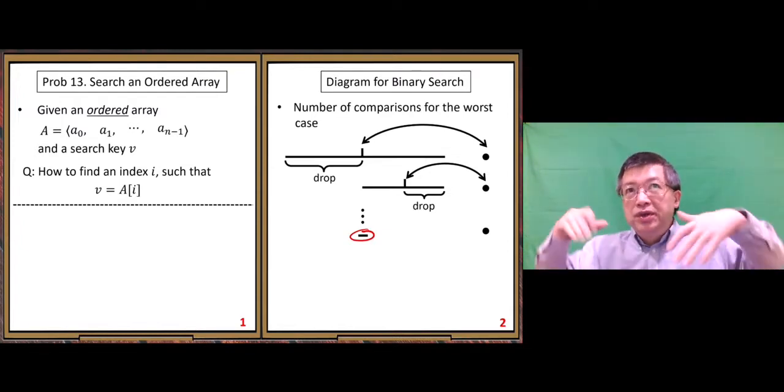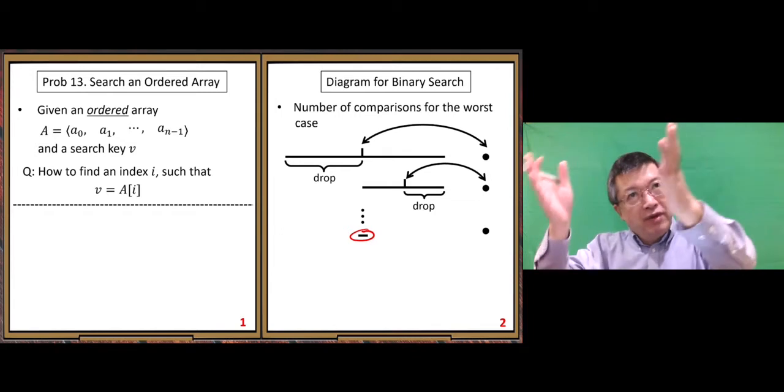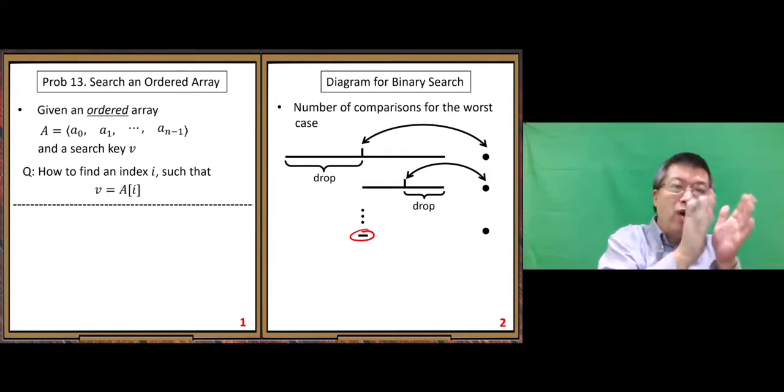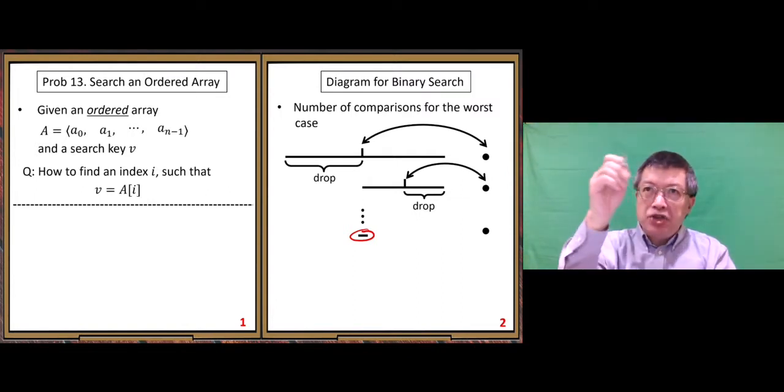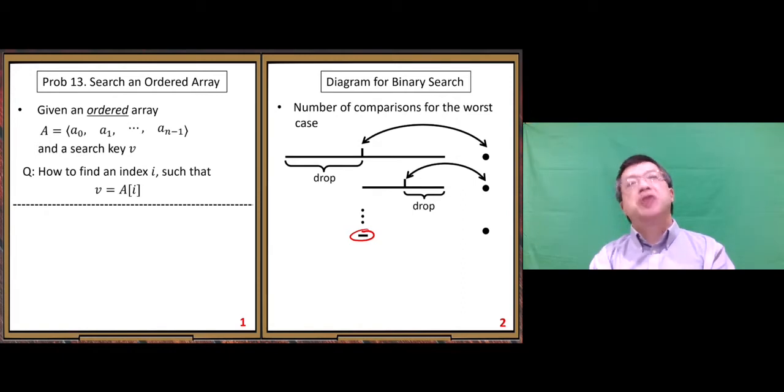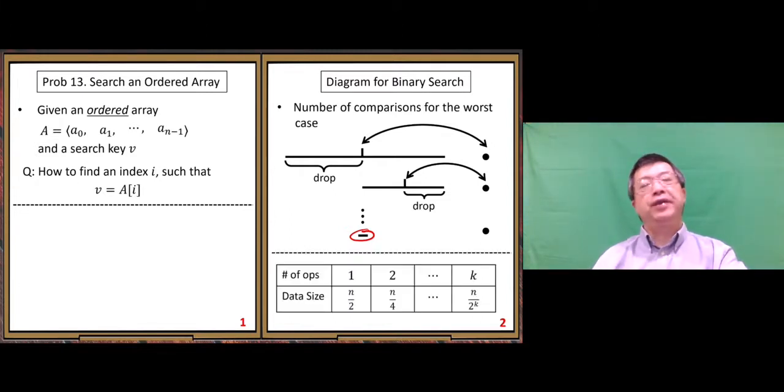So now we want to describe the number of comparisons and the problem size. What is the relationship? In order to estimate worst case efficiency, we need to have that kind of relationship. So here I draw a table like this.